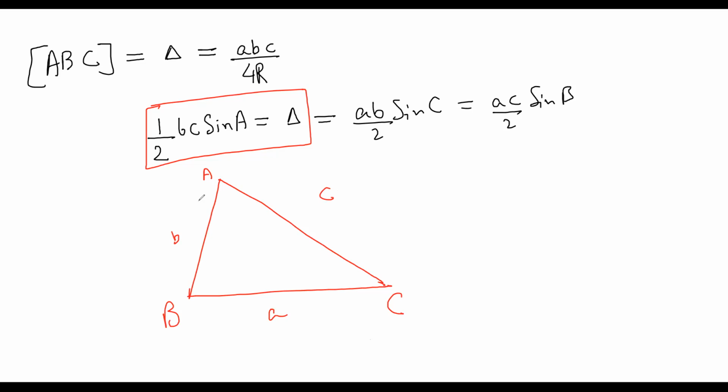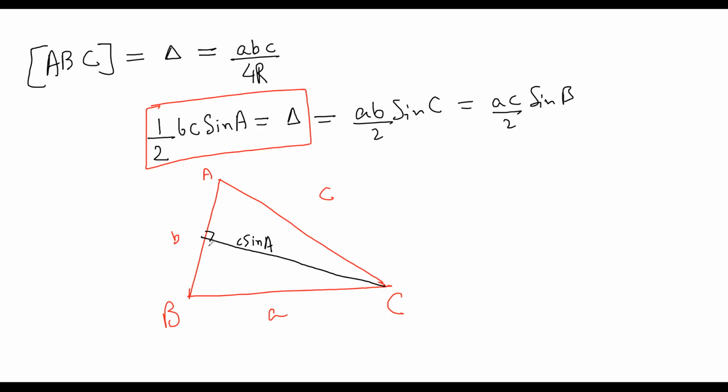So let's say you keep b as the base. Then what is c sine A? It should be the height. Right? This is c sine A. It's nothing to prove once you see it. These lemmas are so easy to prove, but they're extremely useful.